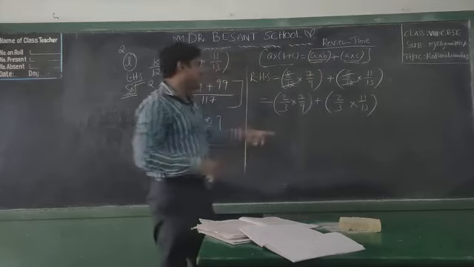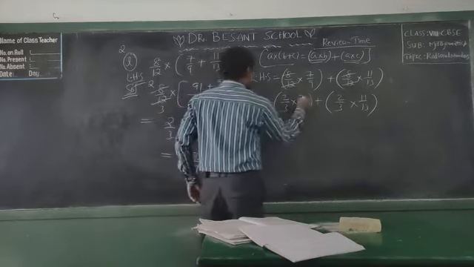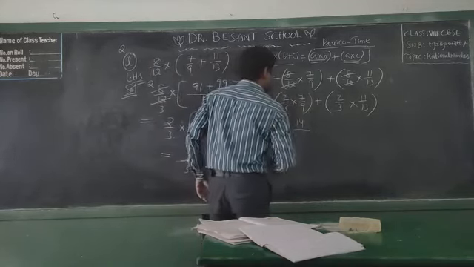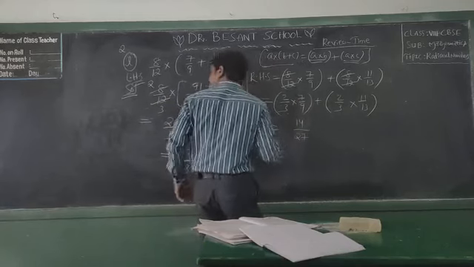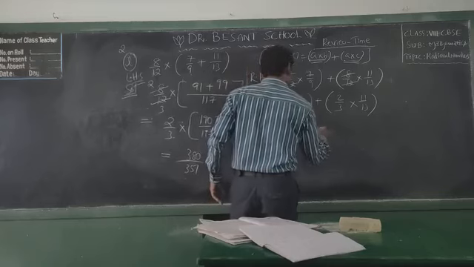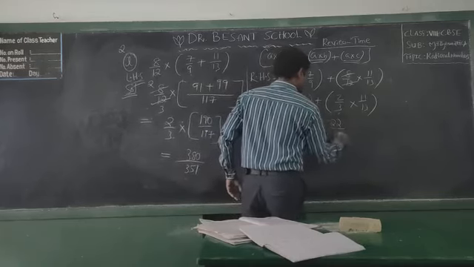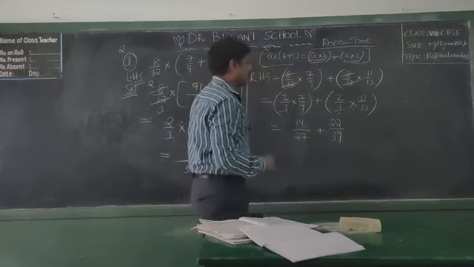So 2 times 7 is 14, 3 times 9 is 27, plus 2 times 11 is 22, 3 times 13 is 39.